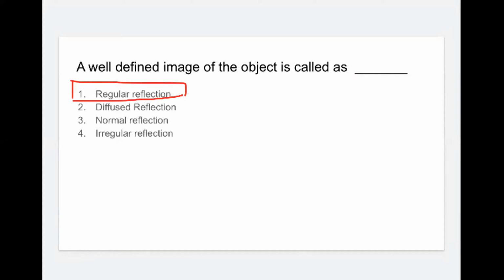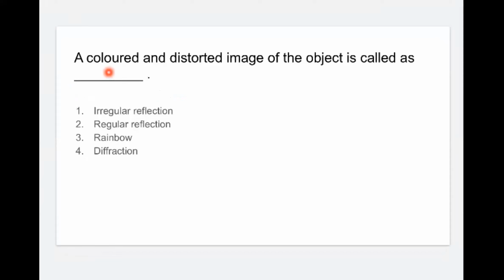And why does regular reflection of light take place? Because all the reflected rays are traveling parallel to each other. This is one more reason you can say the surface of an object appears to be plane. A colored and distorted image of an object is called as dash.